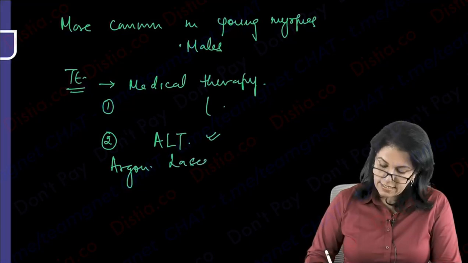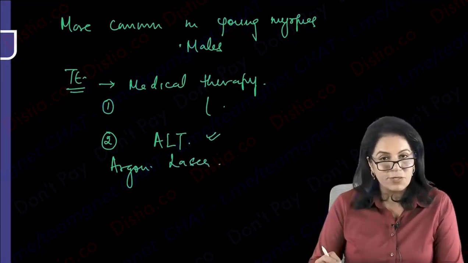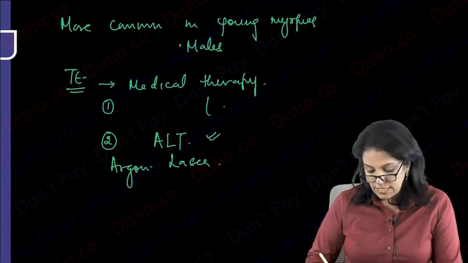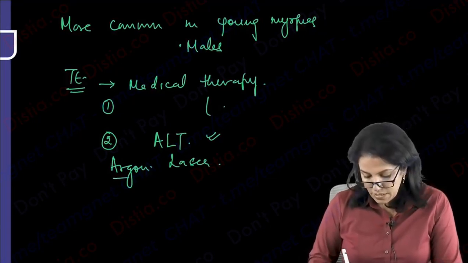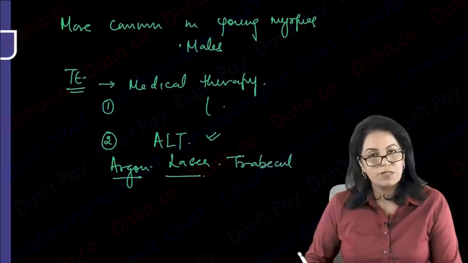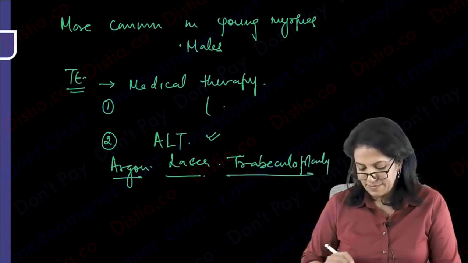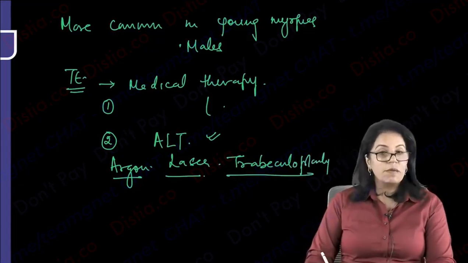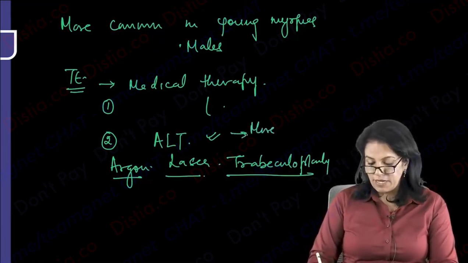Argon laser is a photocoagulative laser which you are putting on the trabecular meshwork, right? So this helps in opening of the trabecular meshwork. Whenever we use a photocoagulative laser, we call it a plasty. And it is seen that in pigmentary glaucomas, it is quite effective, more effective in pigmentary glaucomas.